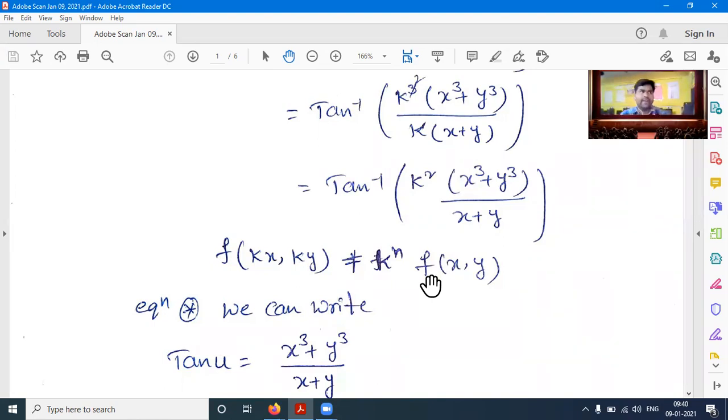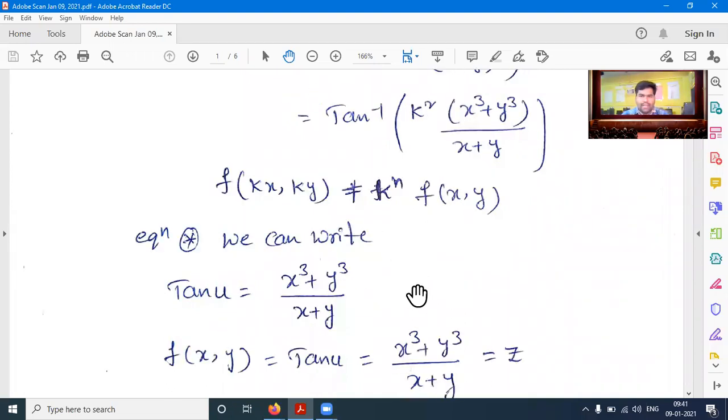If it does not satisfy this, f of kx comma ky is not equal to k to the power of n into f of x comma y.